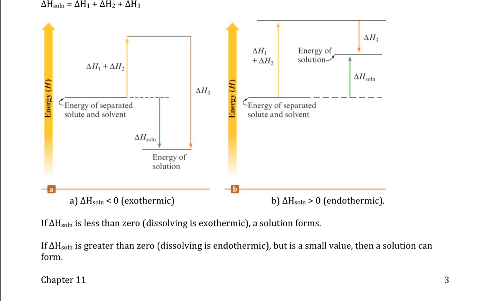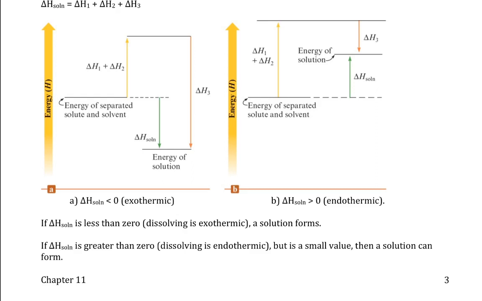If a lot of energy is given off, if the delta H3 downward arrow is much bigger than the sum of the delta H1 and delta H2 upward arrow, then we have definitely an exothermic process. The delta H of the solution, that downward green arrow, is going to be something less than 0. So that mixing, that dissolving of the solute in the solvent, would definitely happen.